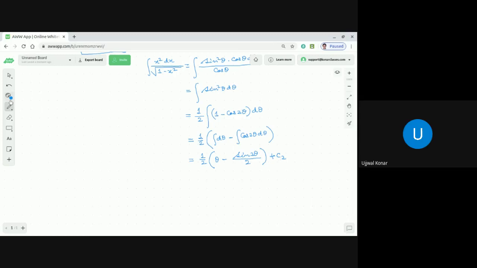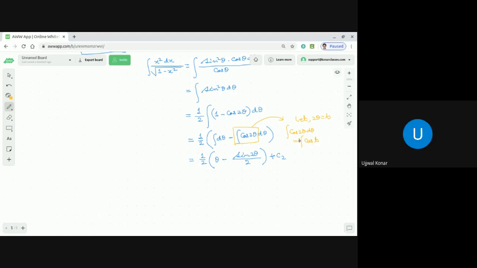Now you may think that okay sir, I forgot how to do integration of cos 2 theta d theta. No problem. You can make a substitution here. What substitution you can make? You can assume let 2 theta equal to t. Then integration cos 2 theta d theta should be equal to integration cos t dt by 2, d theta equal to dt by 2, no?